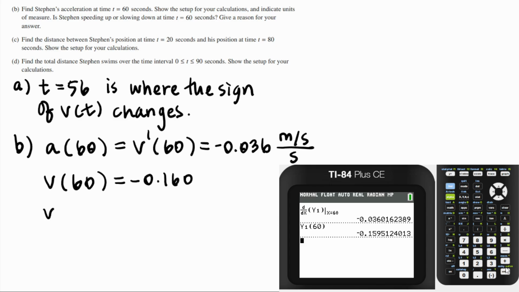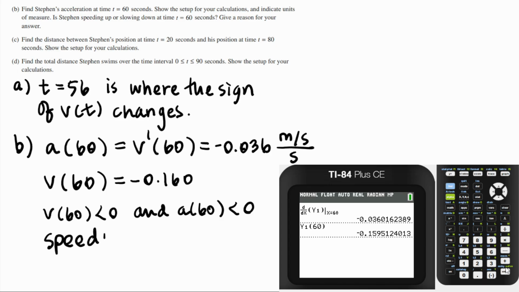And I'm going to say since v of 60 is less than 0, and a of 60 is less than 0, same sign, speeding up, right? Because the velocity is negative and decreasing. So the absolute value of velocity is getting bigger. I'd say speed is increasing. Or they ask speeding up, so I'm going to say speeding up. And that was part B.